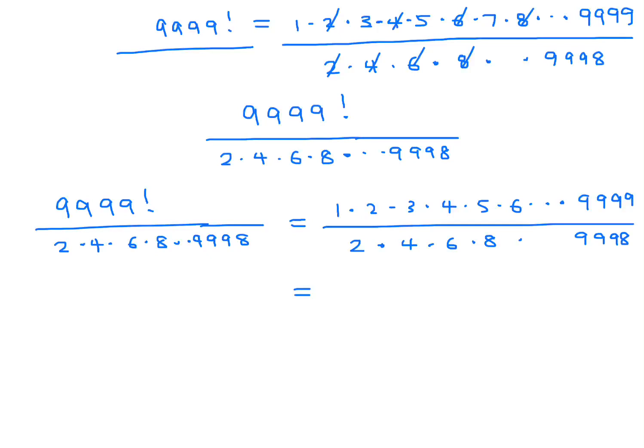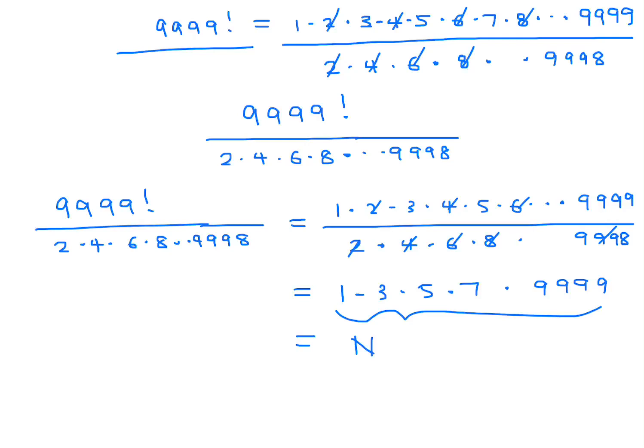And then if you do this, you can cancel the 2's, the 4's, the 6's, essentially all the even numbers, and you'll be left with 1 times 3 times 5 times 7, all the way up till 9999. And this is our n. This is what we're trying to figure out. So we have to now concentrate on this right here.